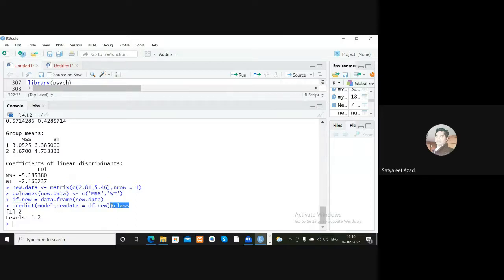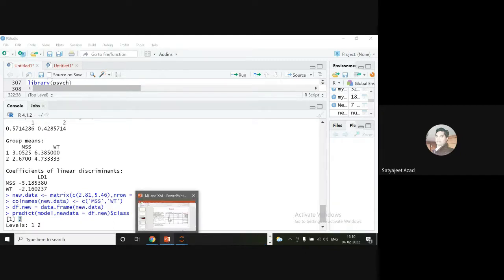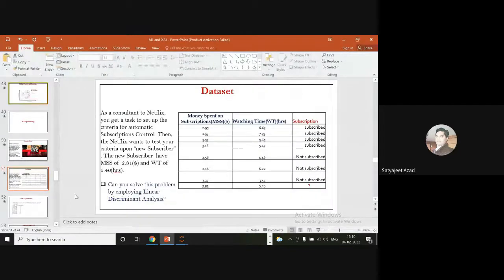You are saying which class I have to put it in if new customers have these features. From this, they are saying put it into class level 2. So now a person is not going to subscribe from this data. This is what they are saying. So they will not subscribe.